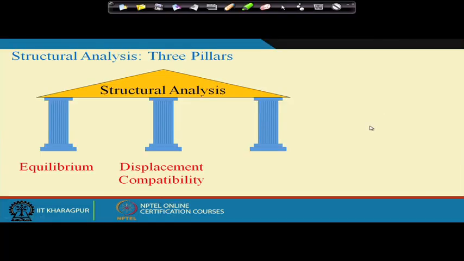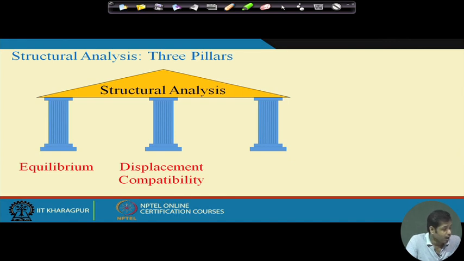Then the next pillar is the displacement compatibility. If any force system satisfies the equilibrium condition, we say that this is a statically admissible force system. So, equilibrium condition gives you the statically admissible forces.